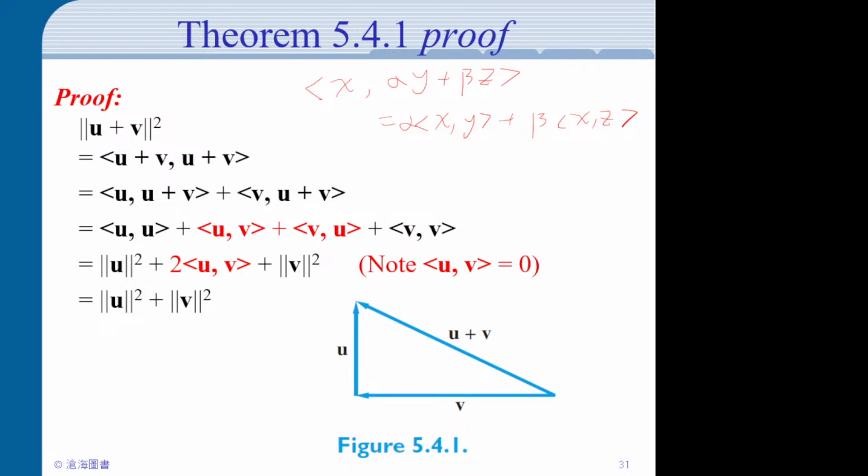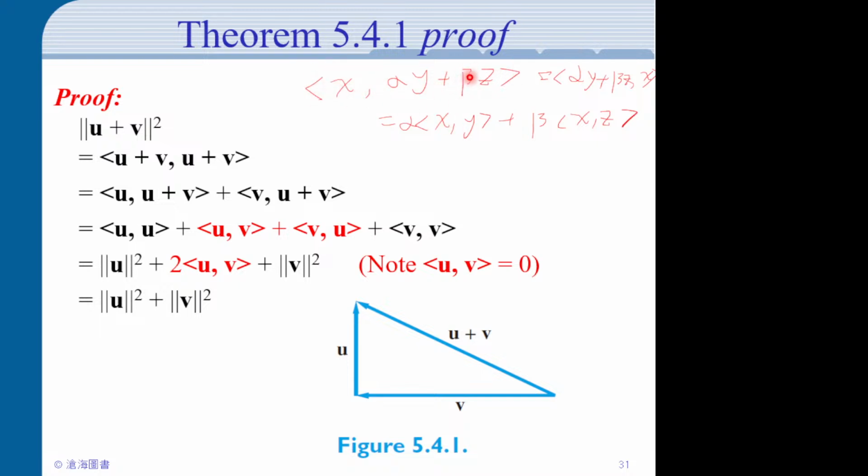You need to derive this by using the symmetry of the inner product: it equals alpha y plus beta z inner product with x. Then you can use the linearity in the first argument and swap it back. In our definition we only say the inner product is linear in the first argument.